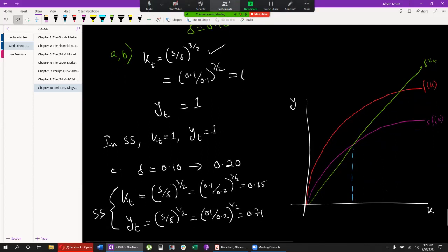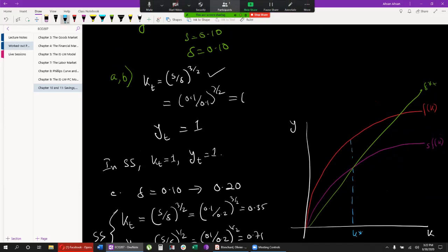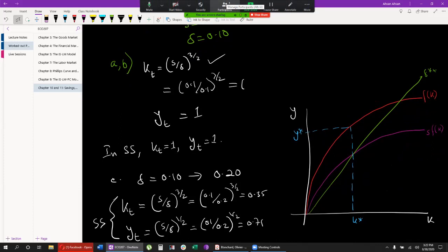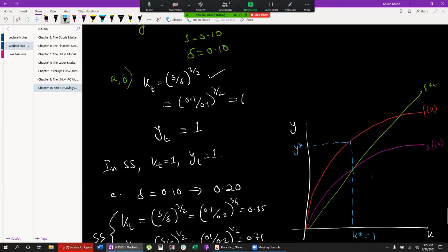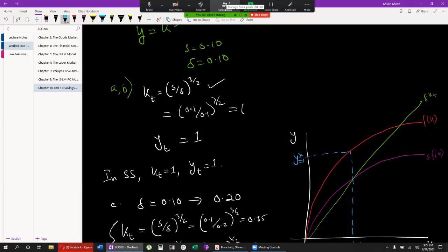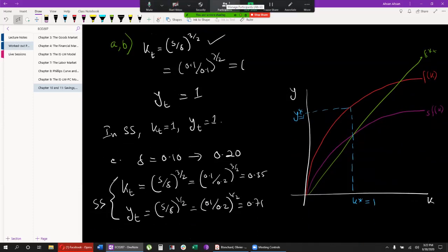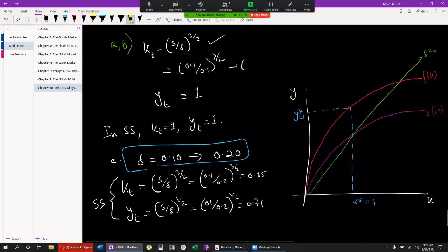Let's call this K star. This is where we were. We calculated and saw that this was 1 and this was also 1. Then depreciation increased. Now think of this mathematically. What happens if depreciation increases? The line becomes steeper.